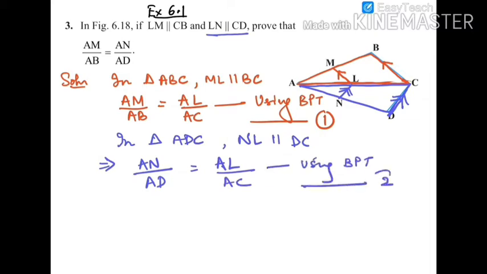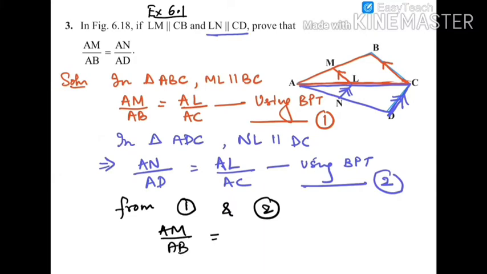Mark this result as 2. Now compare the results of 1 and 2. Their right hand sides are same, so we can equate their left hand sides. AM upon AB is equal to AN upon AD.